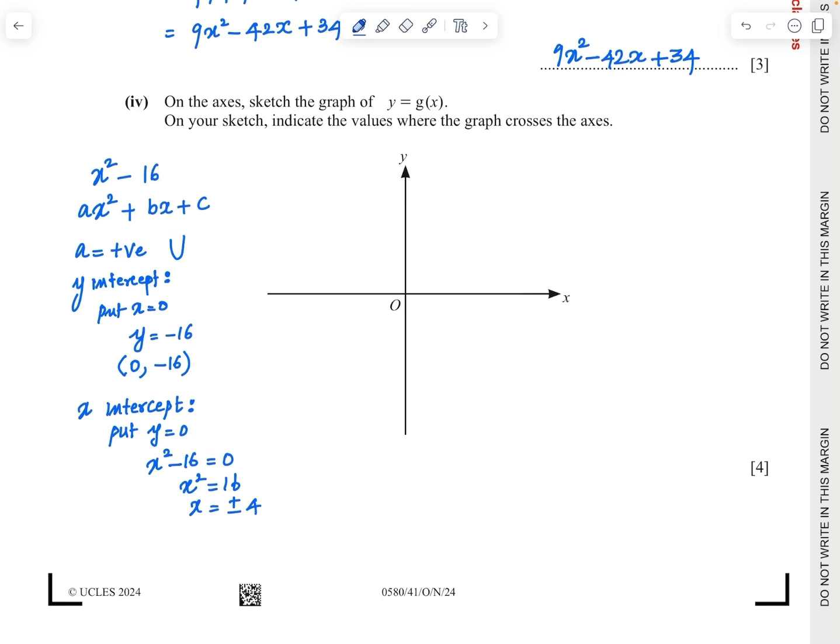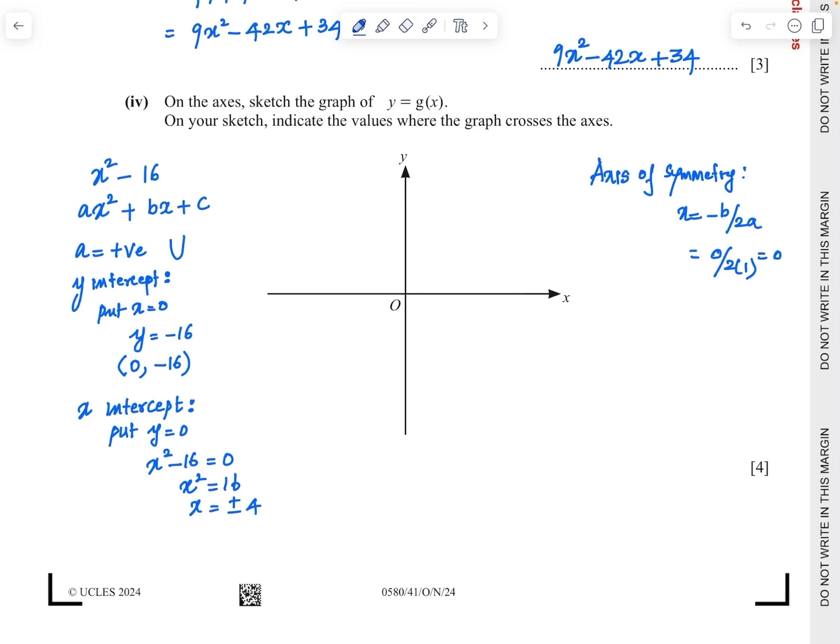Then the next key point is the axis of symmetry. We need to get the line where this parabola is going to be symmetrical. So x is equal to minus b by 2a. b is 0, and of course 2 times 1, which gives us 0.